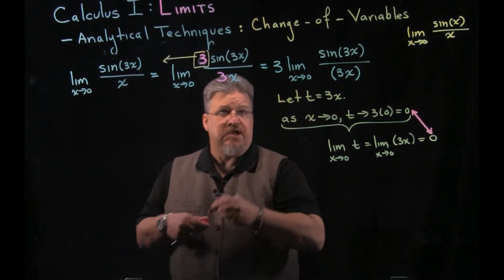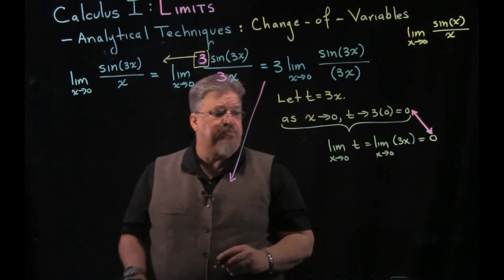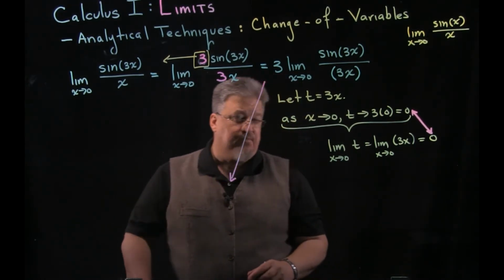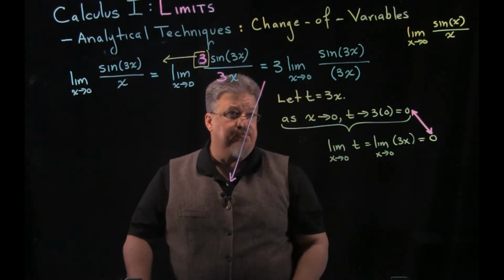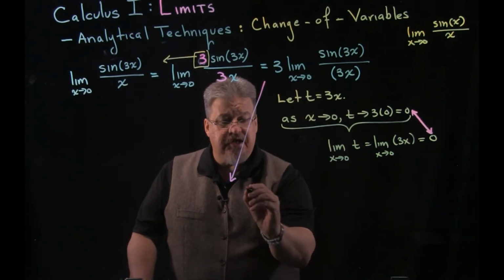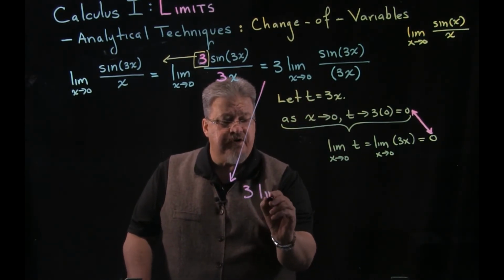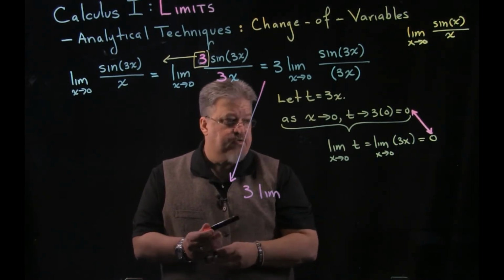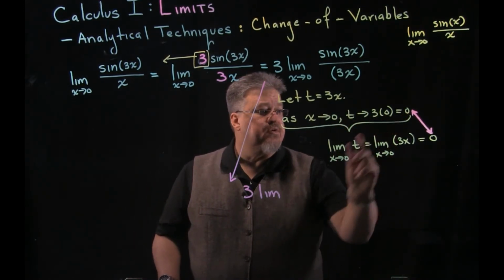Okay. So now what we want to do is rewrite the original problem, this version of the problem, in terms of the new variable t. So where is t going? T is going to 0.